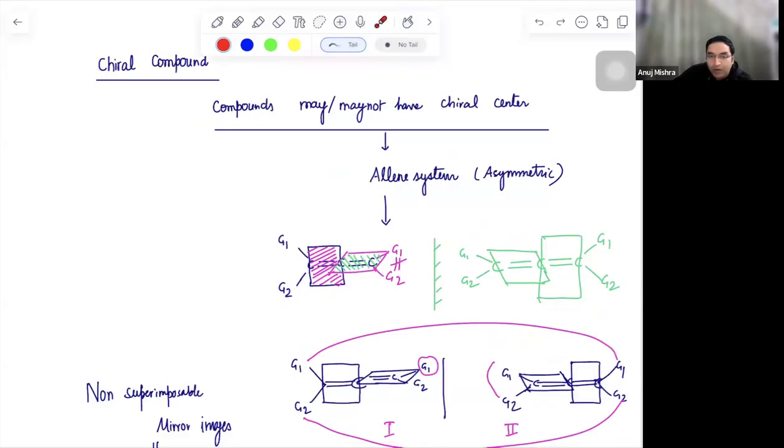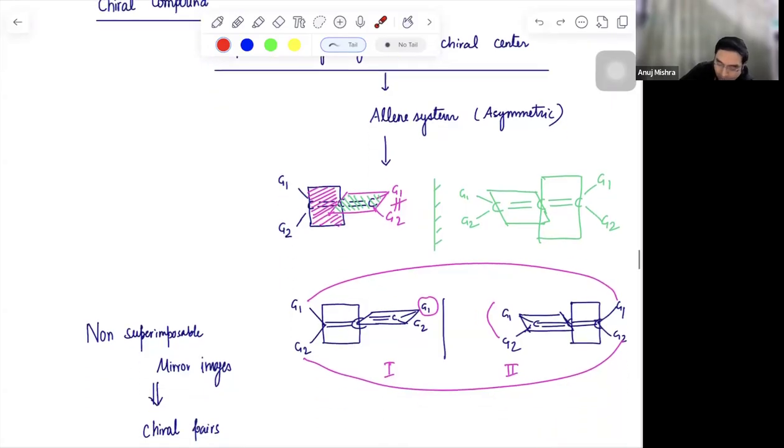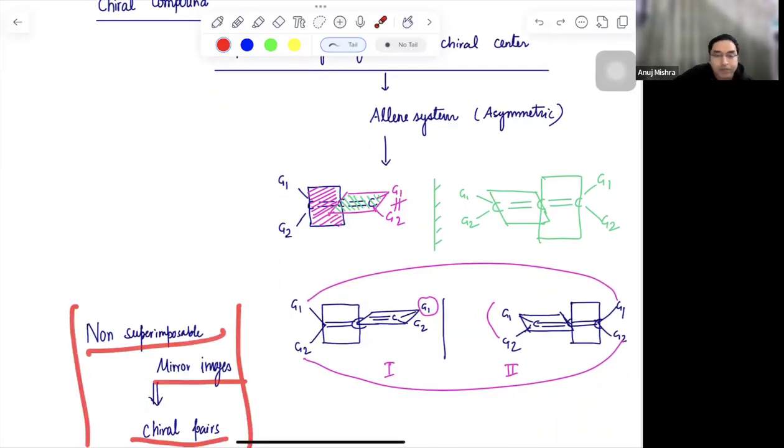It won't come. If you think you can place this over it, let's try. If I keep G1, G2 as it is and bring it like this, observe the placement of G1 and G2. G2 will come here and G1 will come here. That means they are non-superimposable mirror images, which are also called chiral pairs.